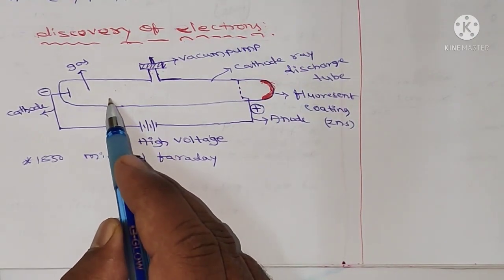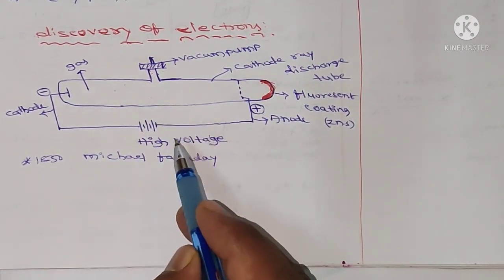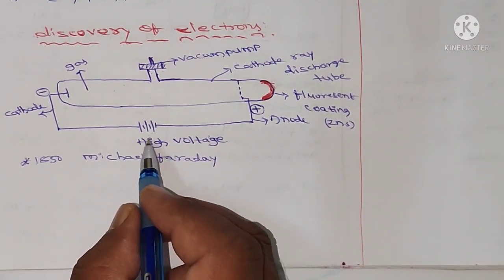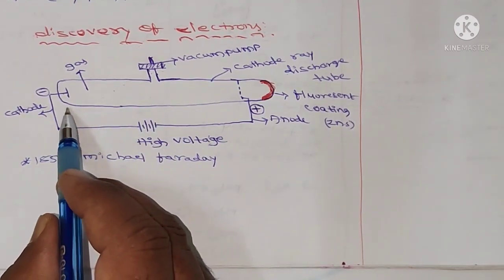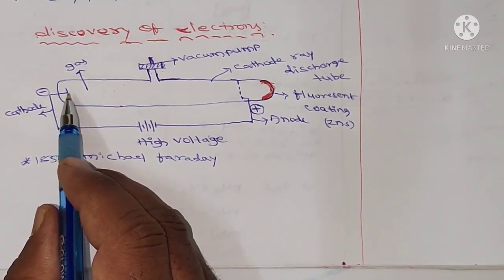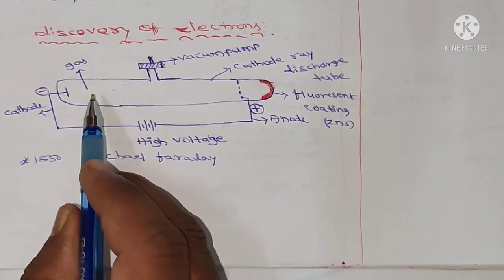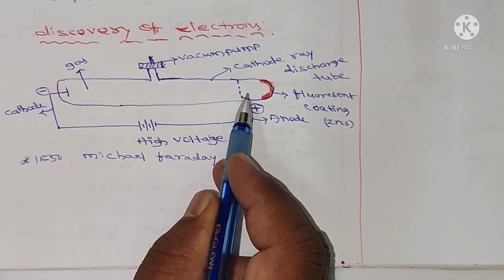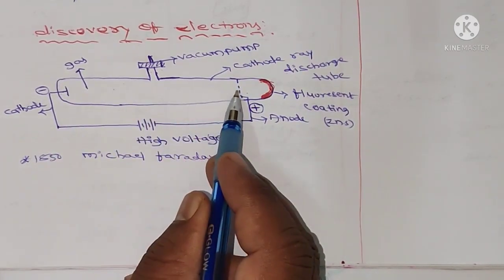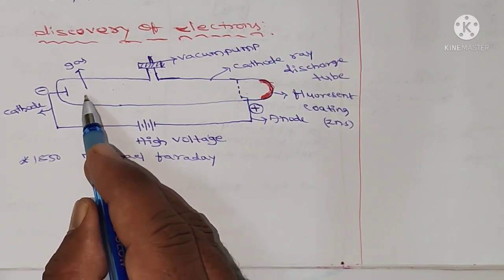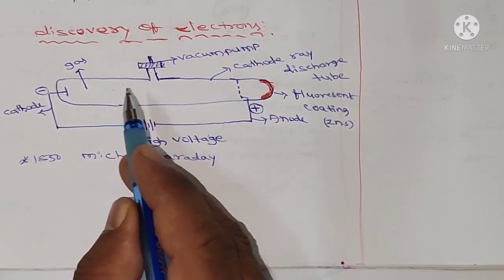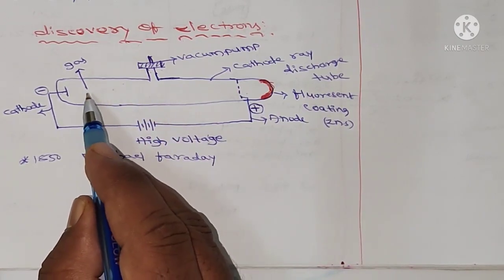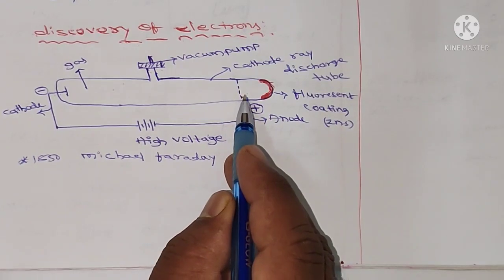The gas is enclosed in the tube at high voltage and low pressure. When we apply the high voltage, current starts flowing through the gas particles from the negative electrode to the positive electrode, that is, from cathode to anode. These rays are called cathode rays, and they flow from cathode to anode.